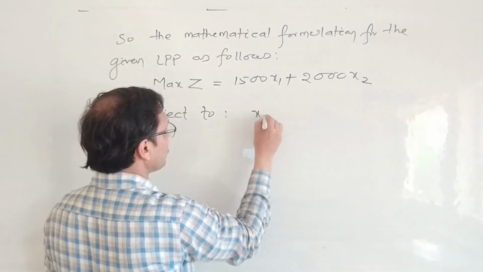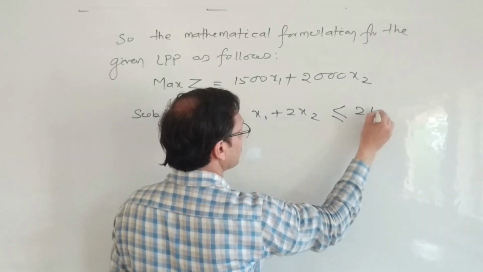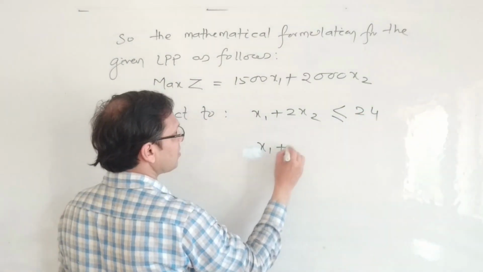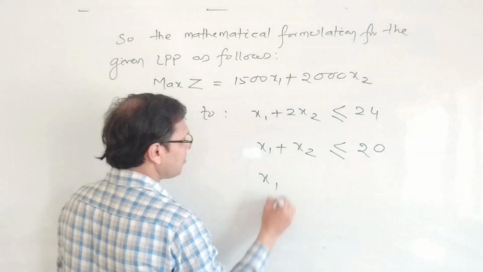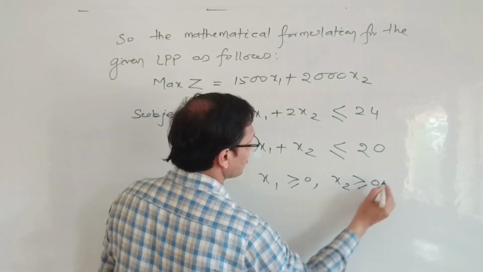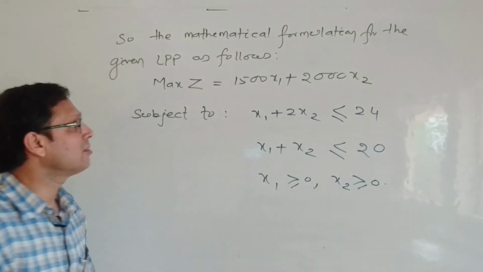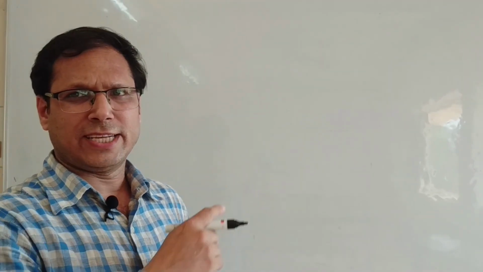First one is X1 plus 2X2 less than or equal to 24. Second one is X1 plus X2 less than or equal to 20, and non-negative restriction X1 greater than or equal to 0, X2 greater than or equal to 0. So that's all for problem number 1. Now we will start the next problem.